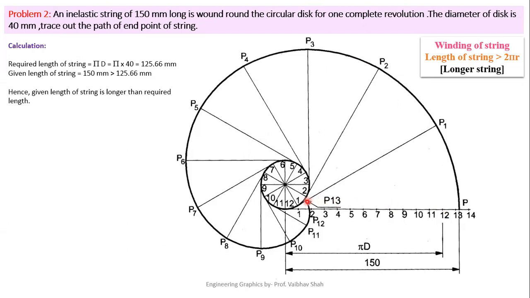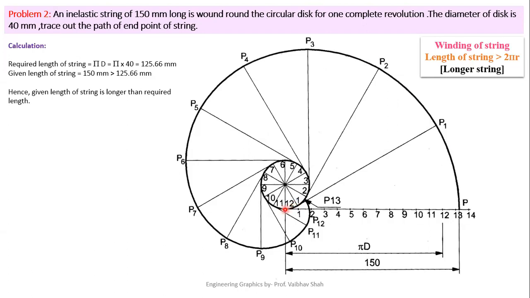After that, we have to number the circle. Here we have divided this circle into 12 equal parts. The starting point of connection of the string with the circle is point 0. Since we are using a winding operation, the string rotates in an anti-clockwise direction, and the first portion of string during winding will contact this part, point 1.